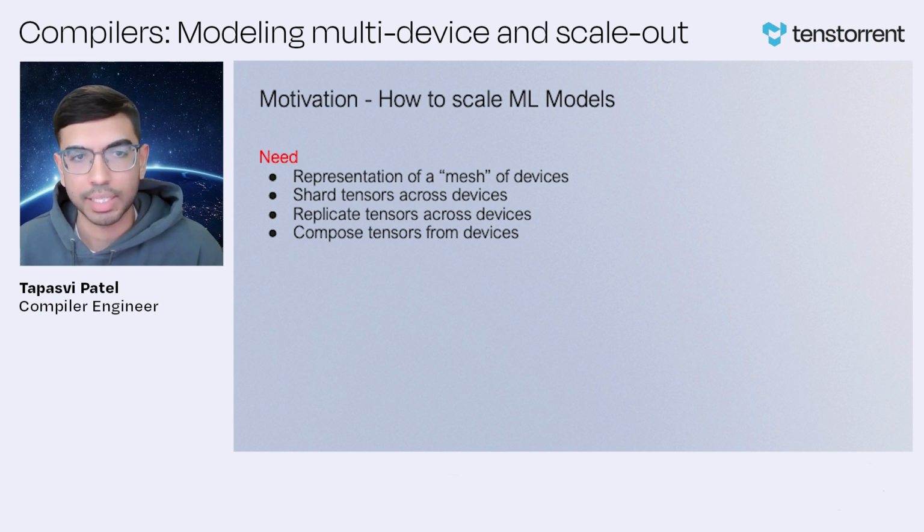We need to be able to shard tensors across devices, right? Just as we sharded our inputs, we need to be able to shard that on different devices. We want to be able to replicate tensors, so replicating your weight matrices. And we also need to be able to compose tensors together, or aggregate them across devices, like we did for our resultant matrix.